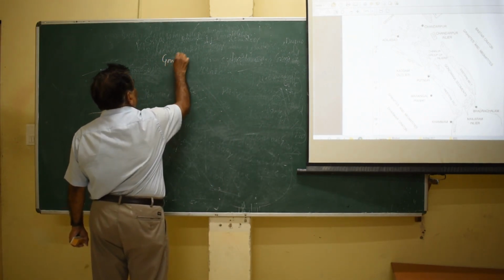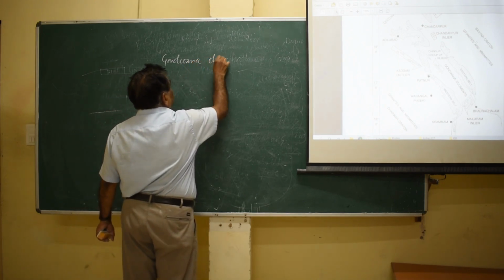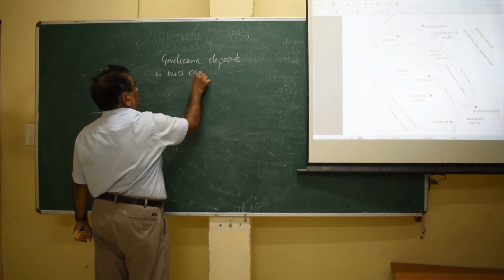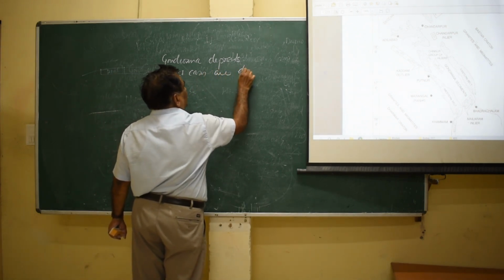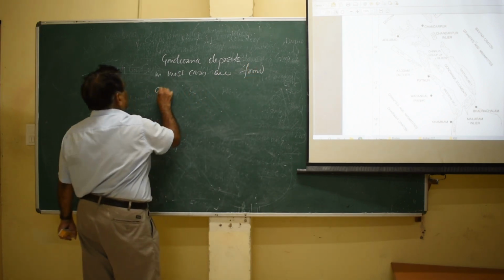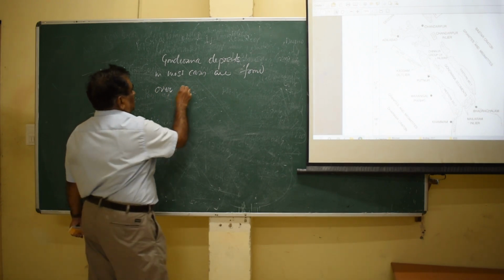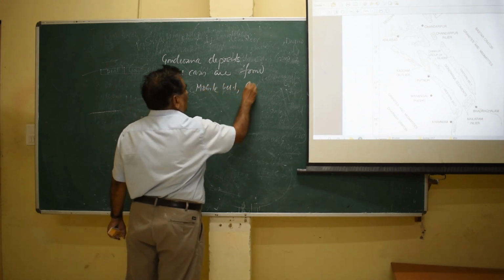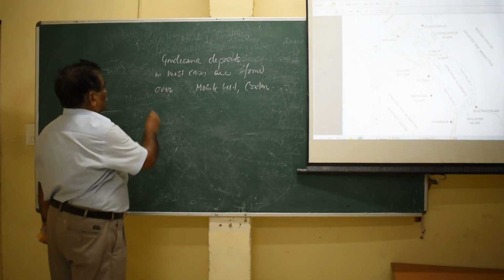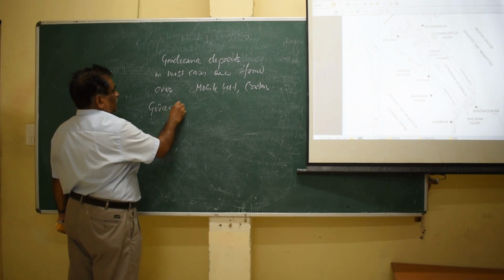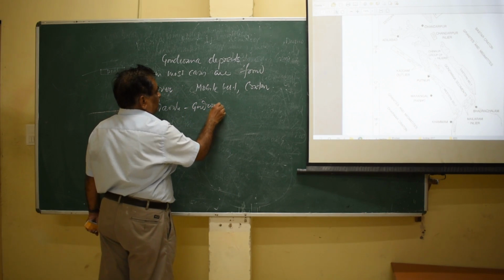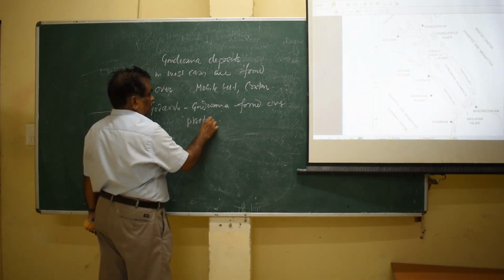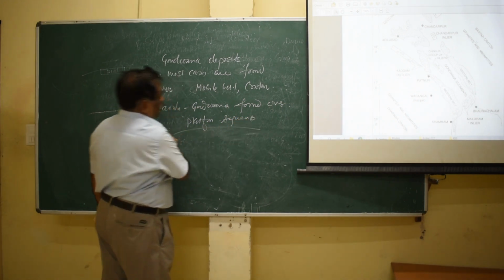The Gondwana deposits in most cases are deposited over, say in the Mahanadi Valley, the mobile belts and the craton, but the Godavari Rift Valley Gondwana formed over the platform sequence, or Purana sequence.